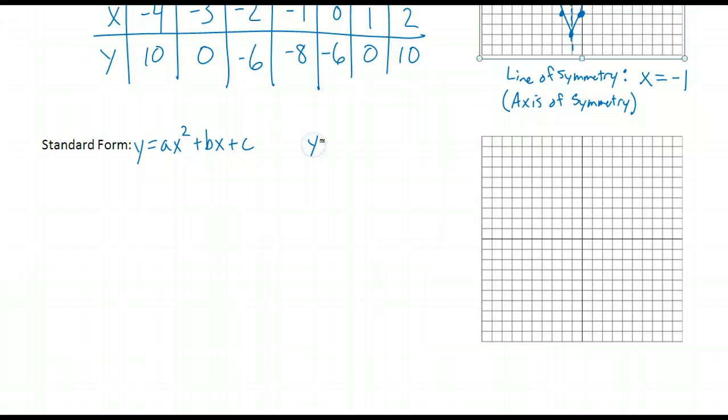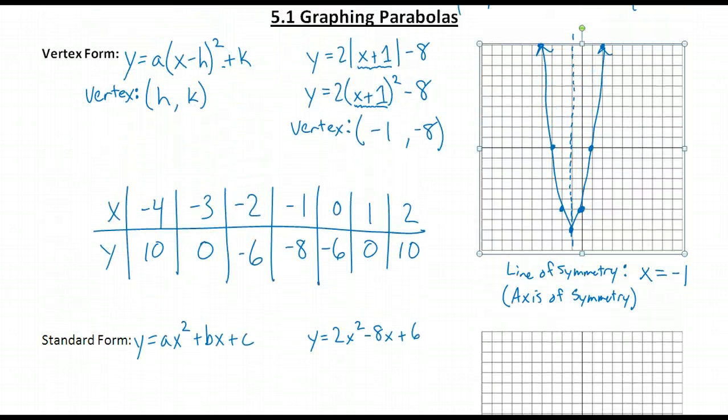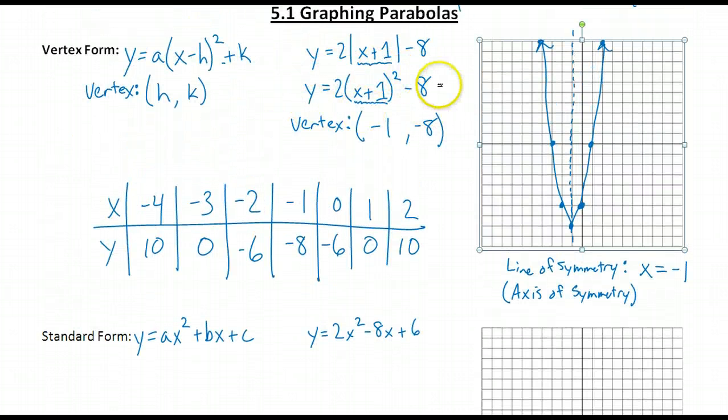An example would be y equals 2x squared minus 8x plus 6. Standard form is like taking the vertex form and foiling out this parentheses.